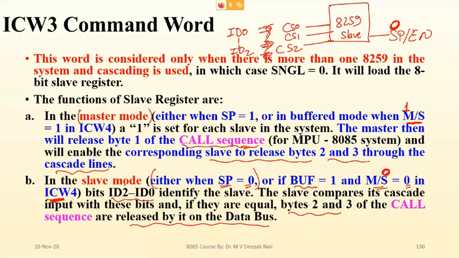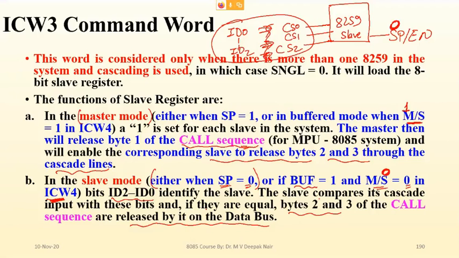Similarly, in slave mode, SP will be 0 and M/S will be 0 in ICW4. We will check ICW4 later. And ID2 to ID0 identify the slave number, which are situated in ICW3. The slave compares these 2 lines, ID and CS. If they are matching, then only it will release the second and third byte of the ISS.